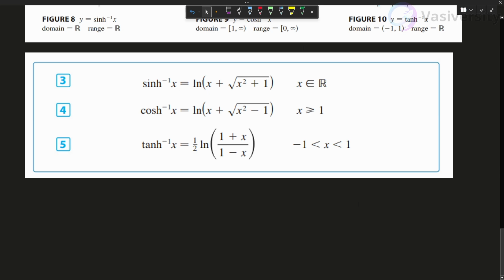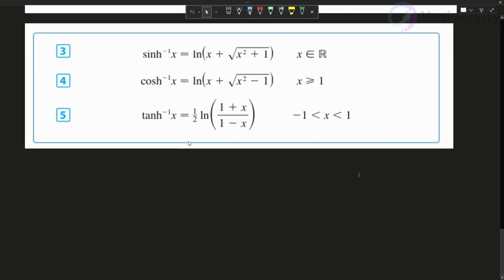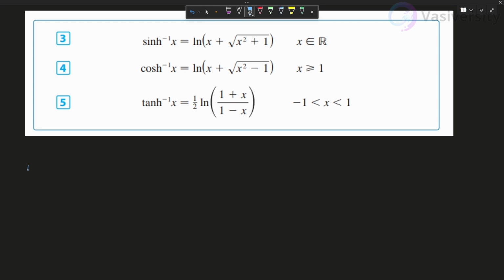The reason is that the square root cannot be negative and the logarithm argument also cannot be negative, so the square root dictates the domain. Okay, perfect. Now let's go ahead and prove number 3.